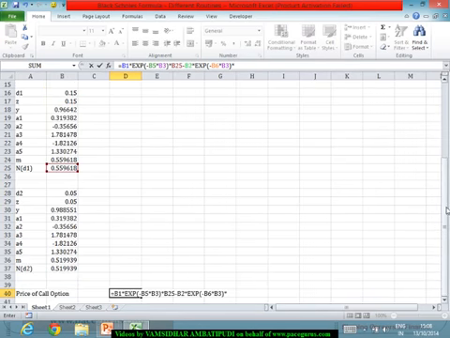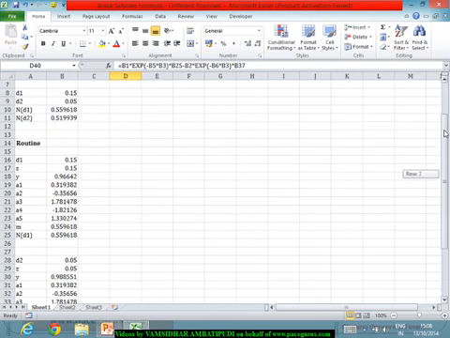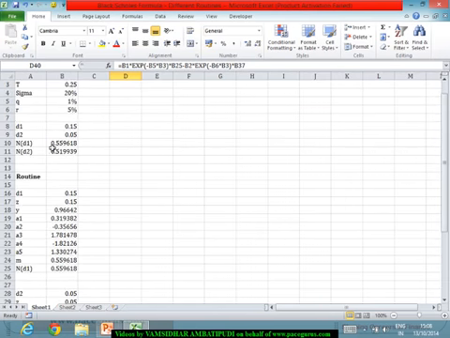N(d2) coming out of this routine is working out to this particular number. So the price of the call option going with this mechanism is working out to 1.789613.